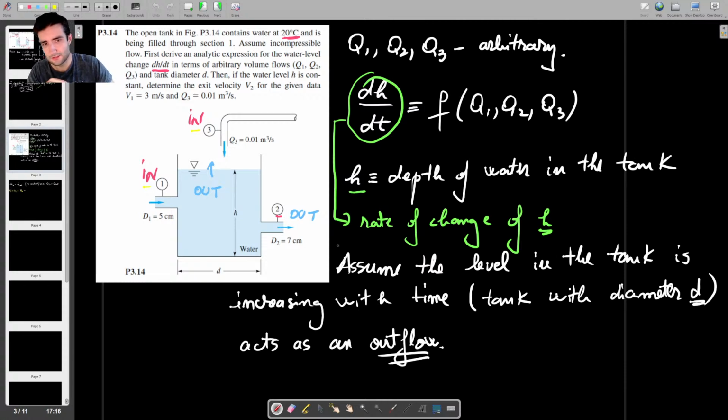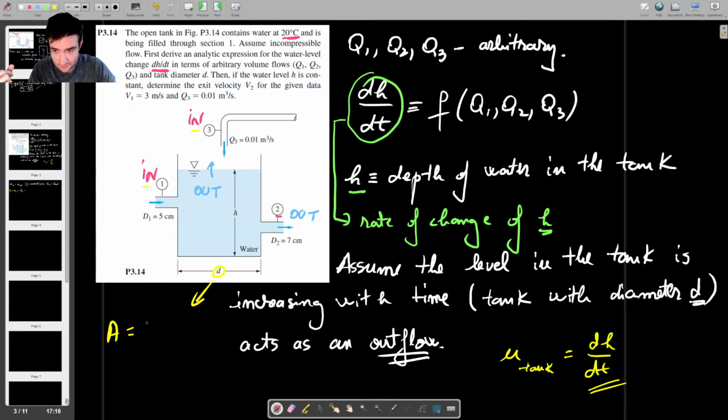Well, we know that the velocity, let's use U for this, of the water in the tank is given by dH by dt. That's the rate of change of height. I know the area, which is based on this diameter here, so the area is pi over 4 d squared, because it's a cylindrical cross section.